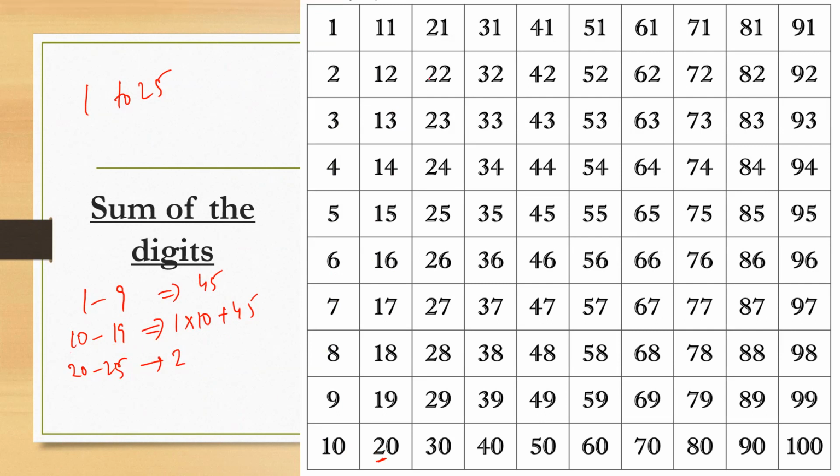It is 1, 2, 3, 4, 5, 6. So it will be there 6 times. Okay. What about 5 here? It is 1, 2, 3, 4, 5. So if you add 1 plus 2 plus 3 plus 4 plus 5, it is what? N into n plus 1 by 2. That is again 5 into 6 by 2. That is 15.